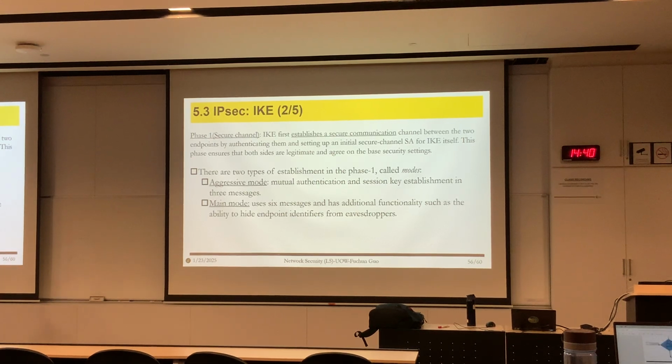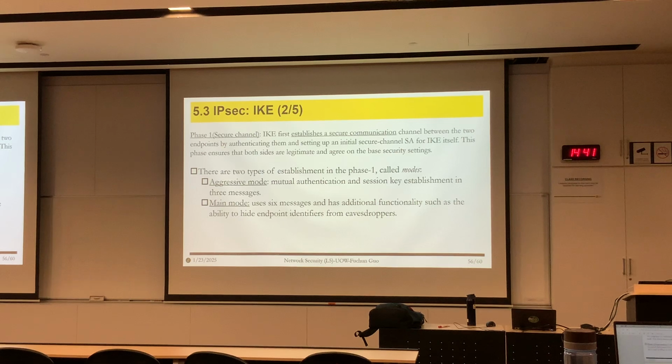The first one is called aggressive mode. It has mutual authentication, and the connection is established in three messages, or three interactions. And we also have the so-called main mode.